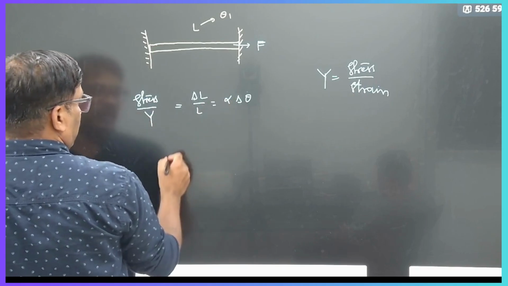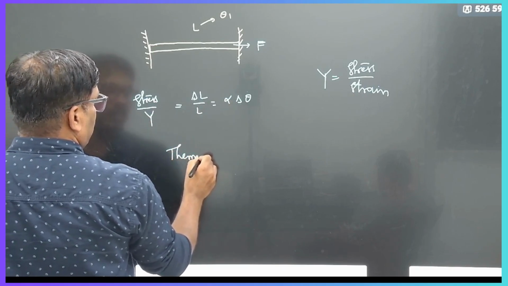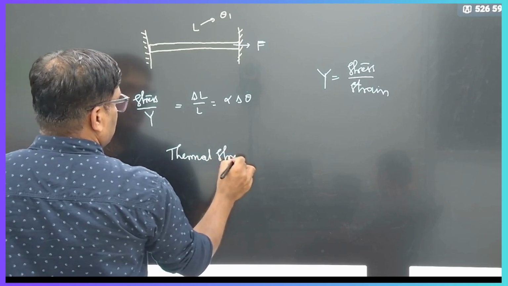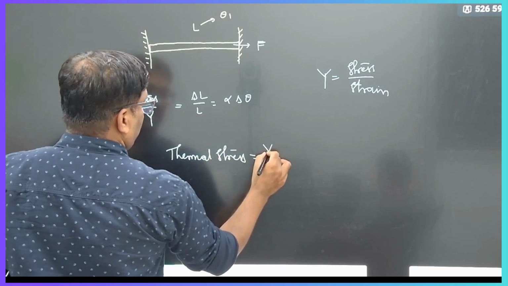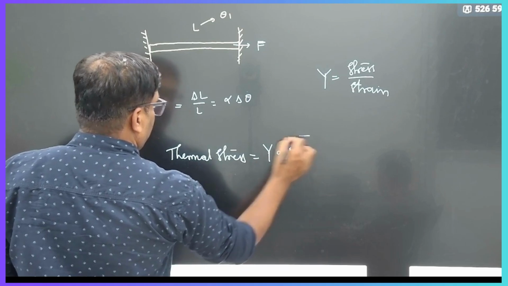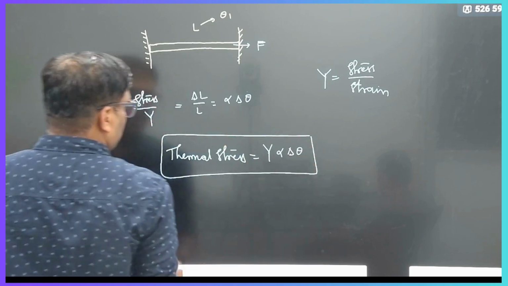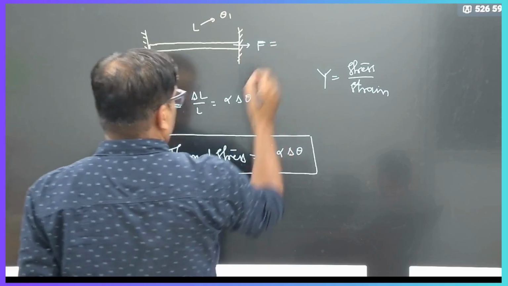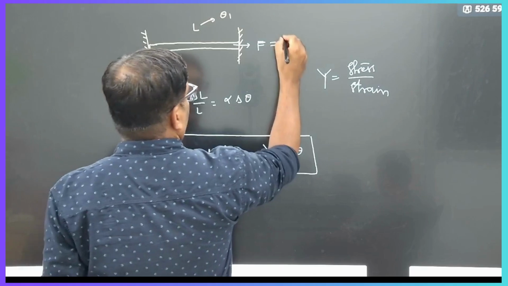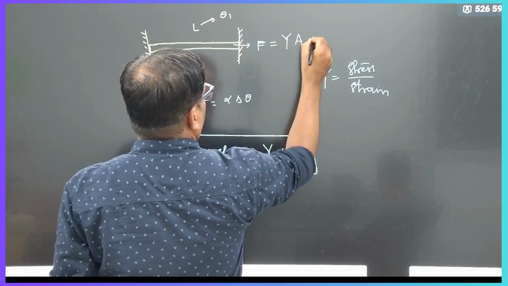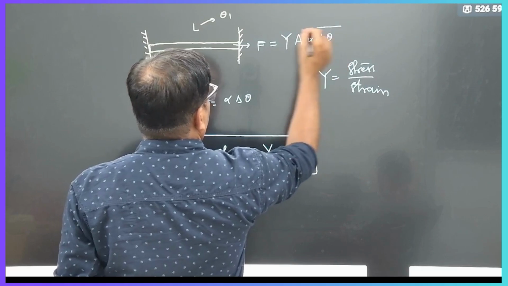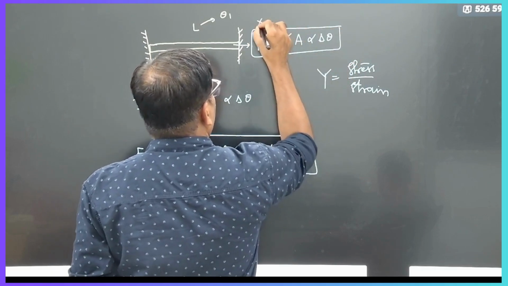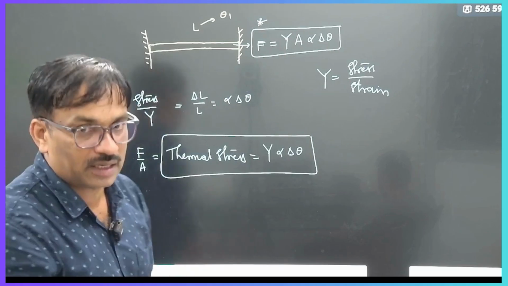This is the thermal stress. What is the thermal stress formula? Y into alpha into delta theta. Clear? Thermal stress is force by area, so force is equal to Young's modulus into area into alpha into delta theta. This is the force acting when temperature is increased.